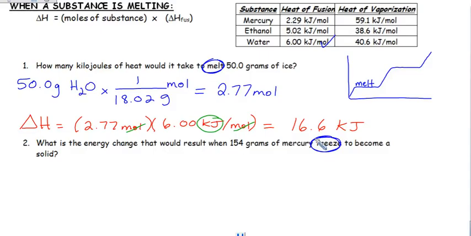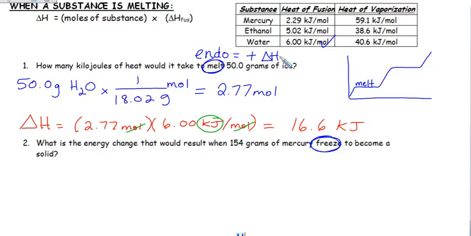Heat of fusion is defined as the amount of energy it takes to melt 1 mole. Melting is an endothermic change, so we should always get a positive delta H. Well, guess what? Freezing is the same change, just the opposite direction.